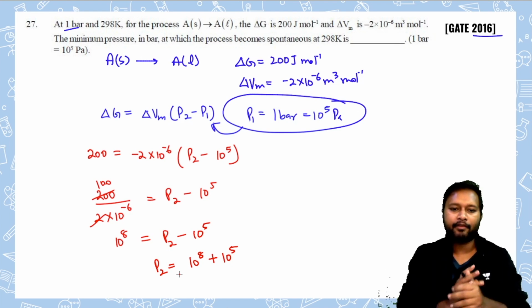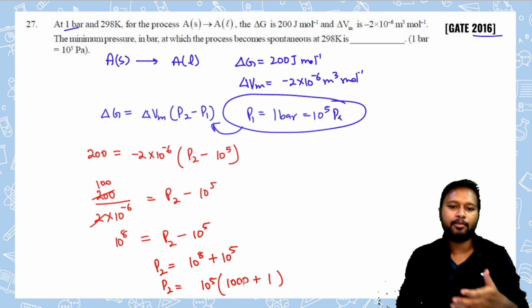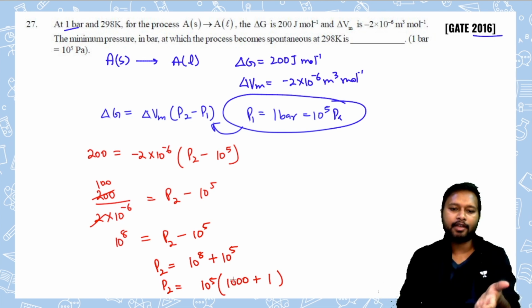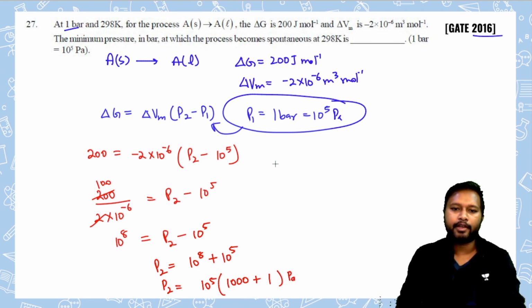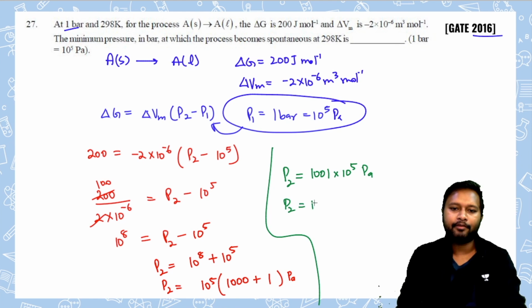If I take 10 to the power 5 outside, P2 will become 10 to the power 5 into (1000 plus 1), because 10 to the power 3 will be left out from here. 1000 plus 1 will be 1001. Now 1001 into 10 to the power 5, and this answer will be in pascals. So P2 is going to be 1001 into 10 to the power 5 pascal. If I convert this into bar, P2 will be 1001 bar. Okay, so this will be my answer, 1001.